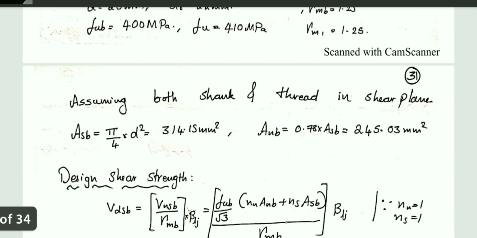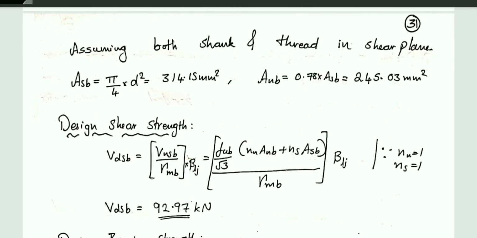Assume both shank and thread in the shear plane, since it is a butt joint and you will get two shear planes there. So Asb will be pi by 4 into d square, the area of the shank, which is 314, and Anb is 0.7 into Asb, it becomes 245.